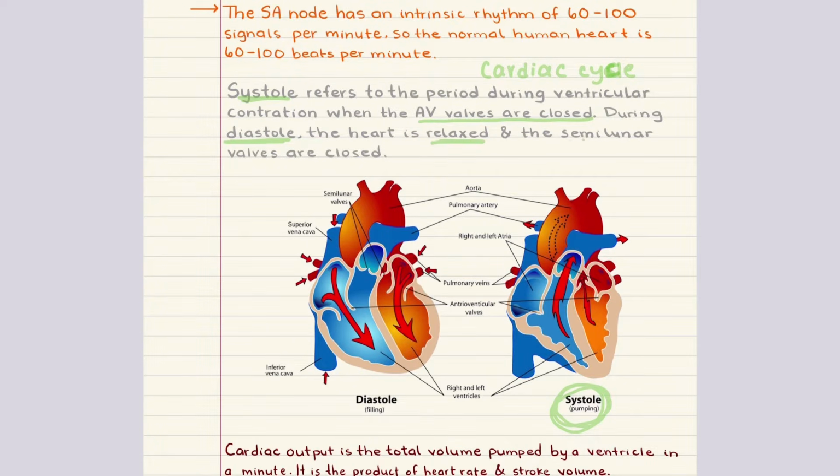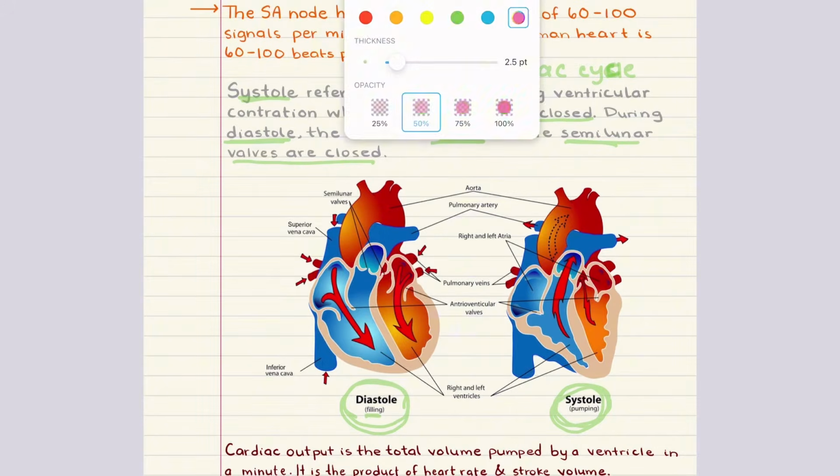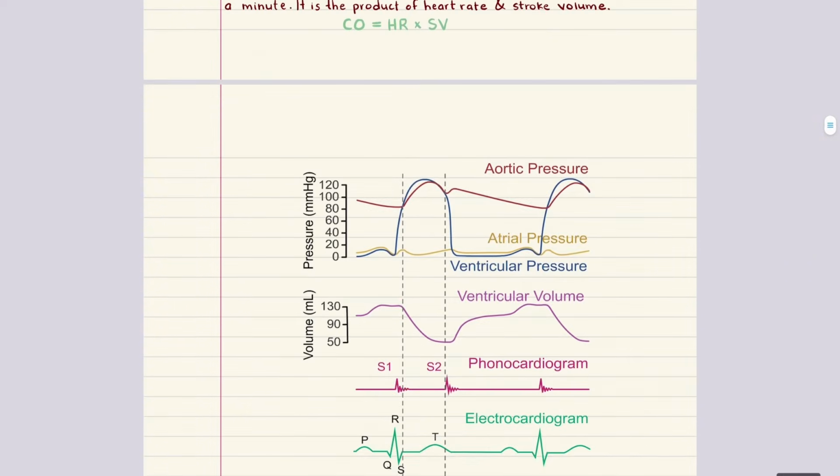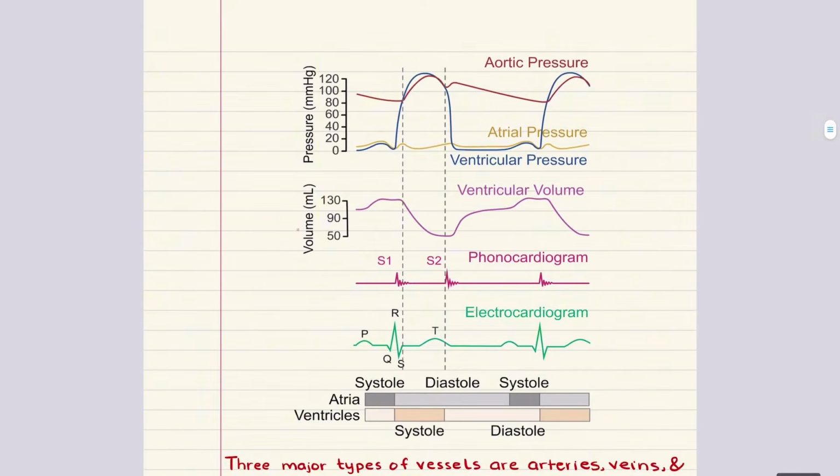During diastole, the semilunar valves are closed and the AV valves are open. This allows the ventricles to fill with blood again, which prepares them for the next contraction. If you look at this diagram, you'll notice it brings together several measurements, changes in pressure, volume, and electrical activity, all mapped over the course of the cardiac cycle.